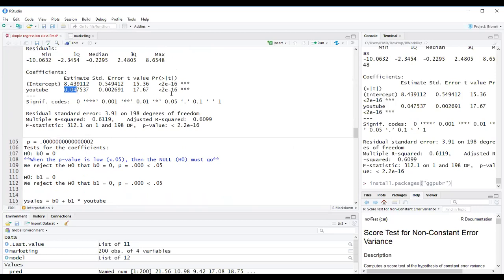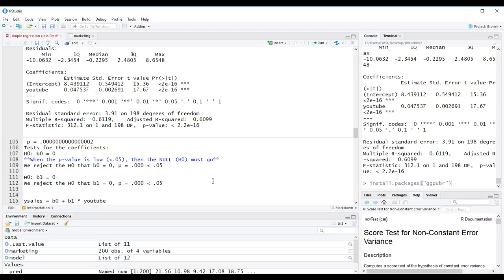Because we're able to show that this estimate for YouTube is significant. The probability that this is equal to 0 is 0.0000002, etc.